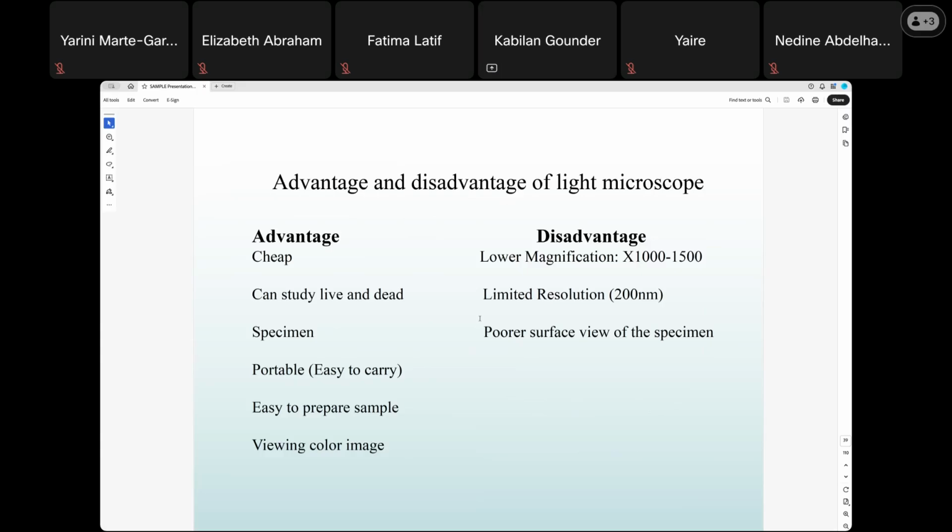Also, viewing the surface of the specimen is tougher with this; you can do it if you use the stereo microscope. So how can we overcome all this? We will study that later.